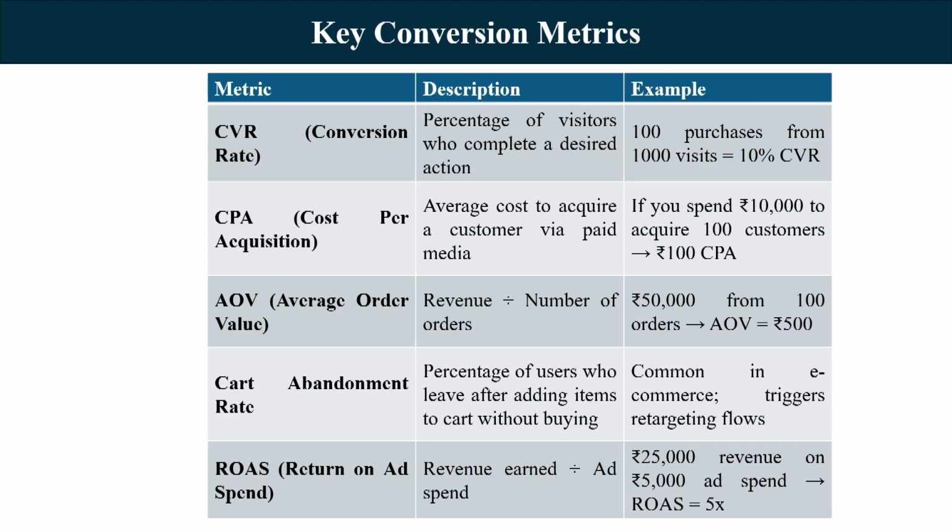Let us say I have invested 10 lakh rupees in a marketing initiative, and 1000 customers can be attributed to this marketing initiative, and overall revenue generated is 1 crore, then 1 crore divided by 1000 is the average order value. Look at this example, rupees 50,000 from 100 orders, that means average order value is 500 rupees.